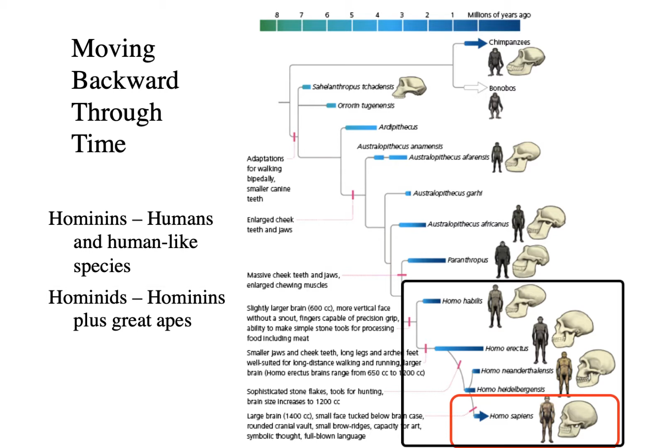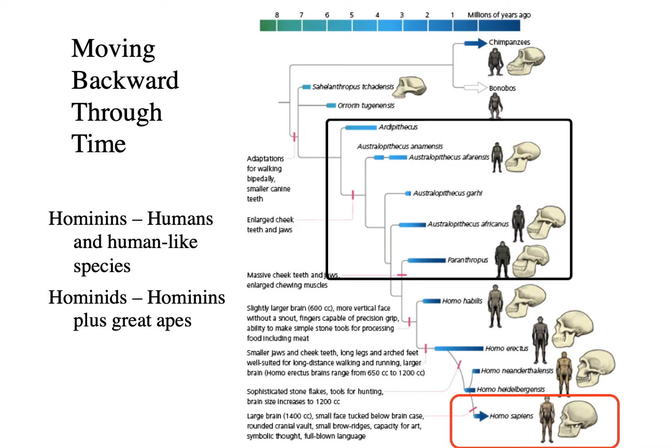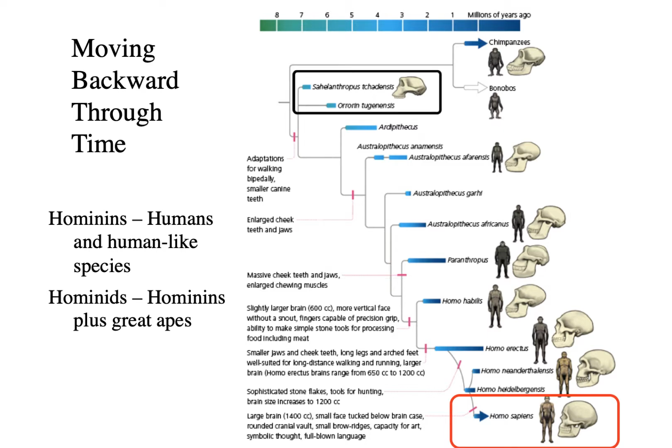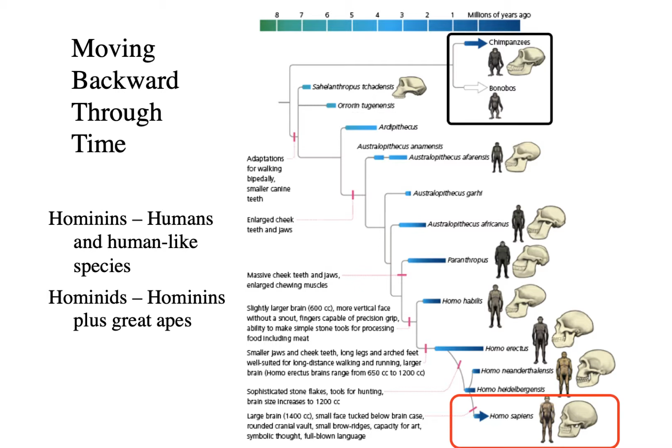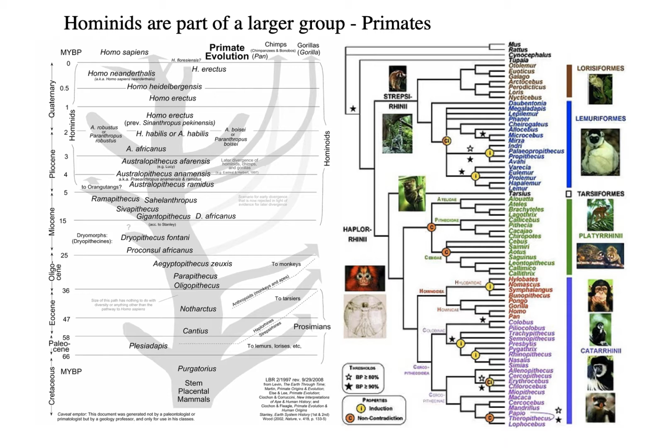You can see here's the genus Homo down here, consisting of Homo sapiens, Heidelbergensis, Neanderthalensis, Erectus, also Denisovans, and other ones that aren't on here. And then going up into Australopithecus, Ardipithecus, these human-like ancestors as well. And finally up into chimpanzees and bonobos, which branched off from the other hominids about 6 to 8 million years ago.